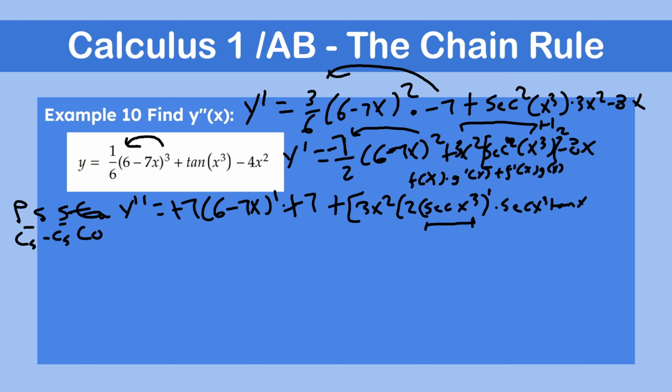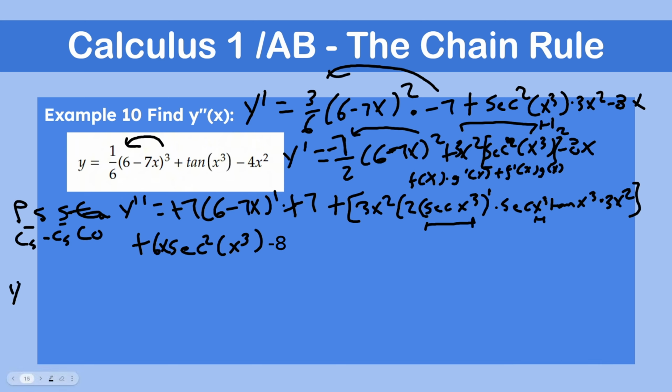So this will be our first term, but I'm kind of running out of room, so we're going to add the second term, which is a lot simpler than the first term, which would be secant squared x cubed multiplied by the derivative of 3x squared, which would be 6x.